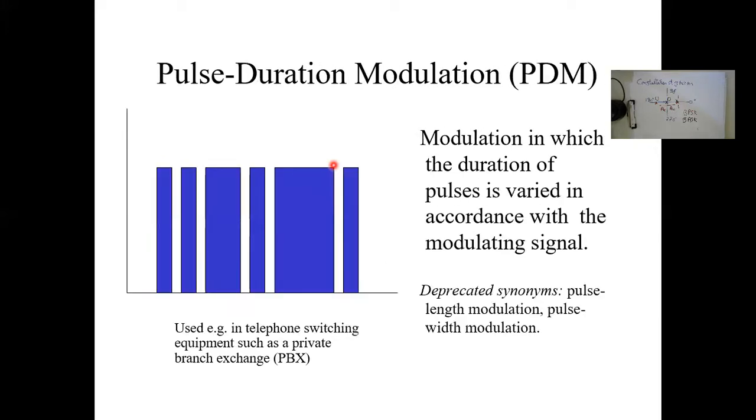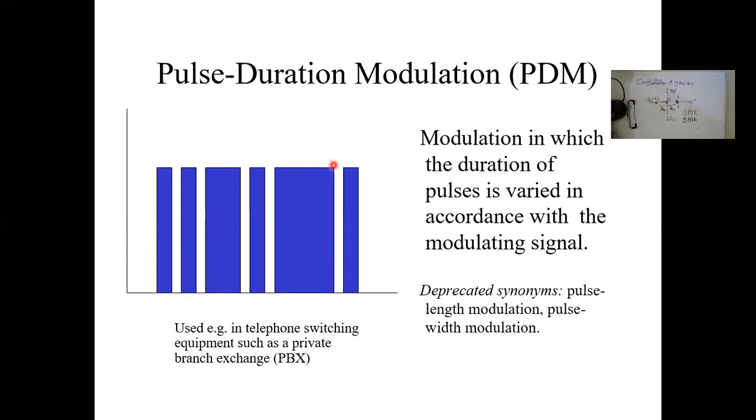Another example is what's called the pulse duration modulation, or the most famous name for this, pulse width modulation, PWM. It's a very, very famous technique. It's actually used in very different applications, one of them in motor drivers and a lot of things.